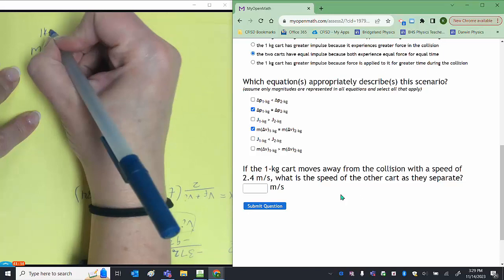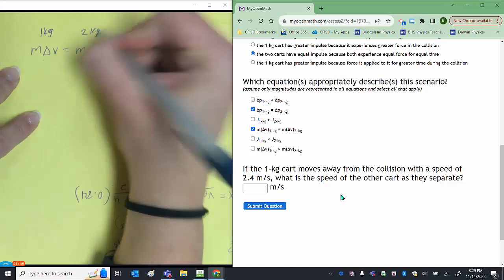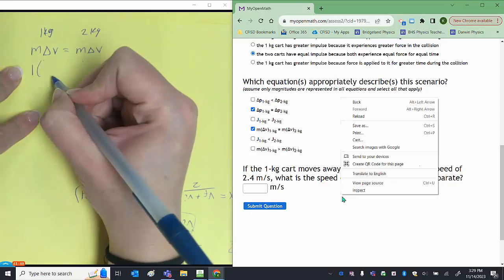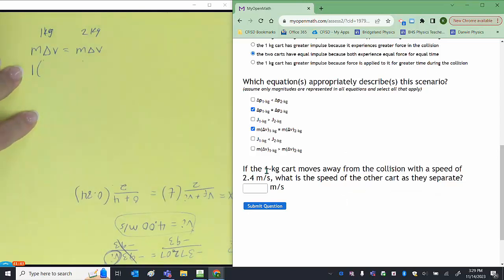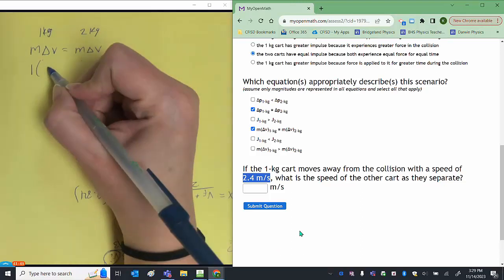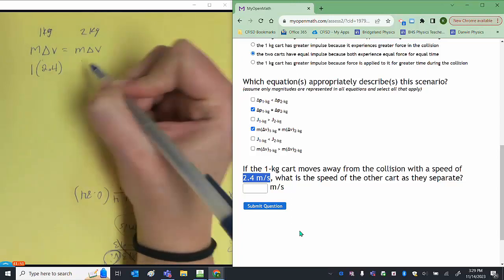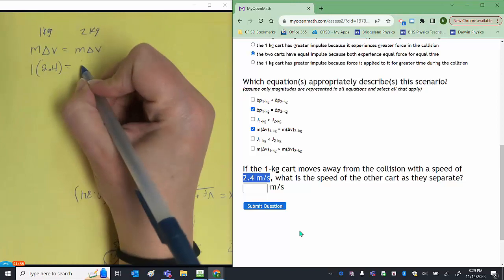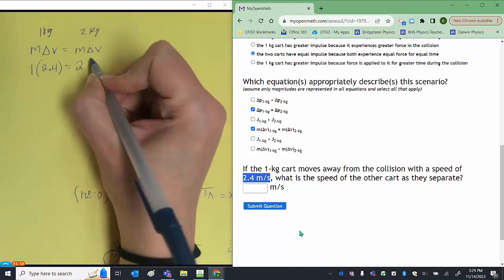For my 1 kilogram versus my 2 kilogram. Okay, so my mass here is 1. The change in velocity here, it says that the 1 kilogram cart moves away with this speed. Well, it was initially at rest. So its change in velocity is 2.4 because it went from 0 to that. So that equals this mass, 2, times its change in velocity.